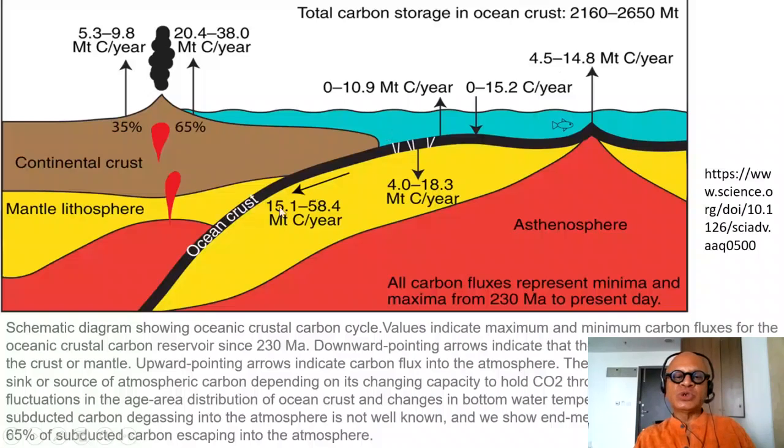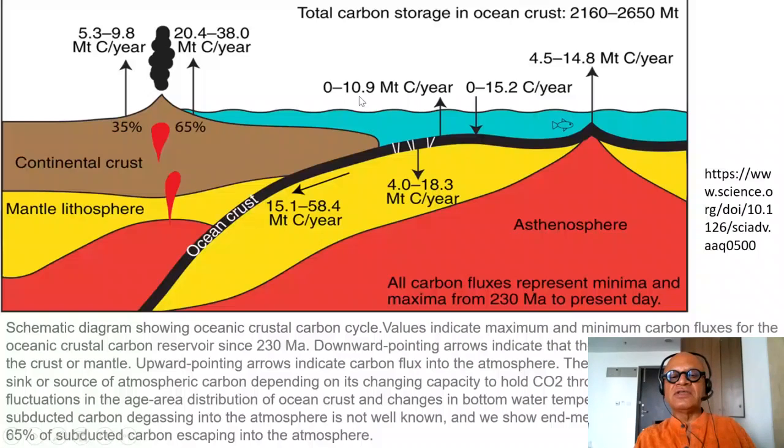And the ocean crust is also pumping down into the mantle lithosphere 4.0 to 18.3 million tons carbon per year, and there is transport happening down the lithosphere of 15.1 to 58.4 million tons carbon per year.